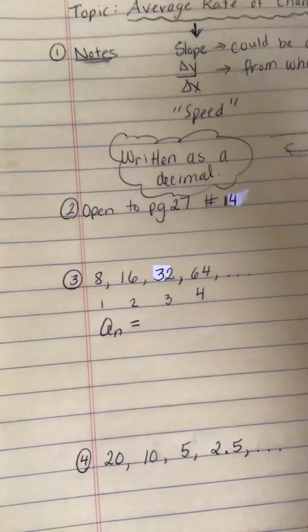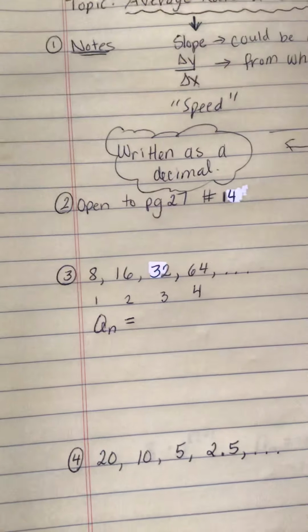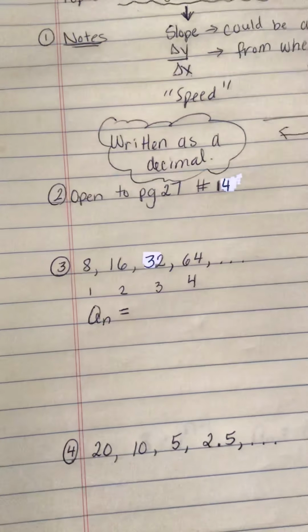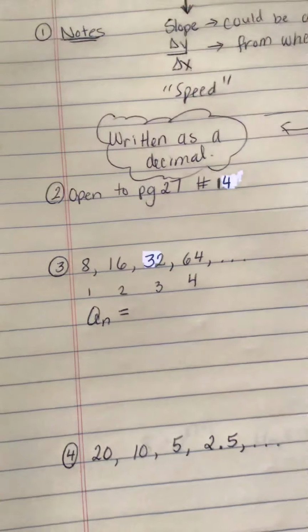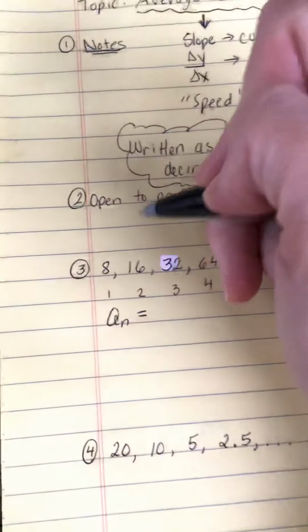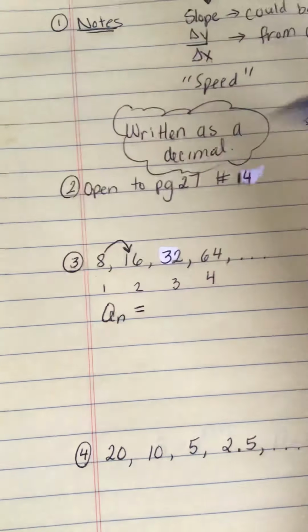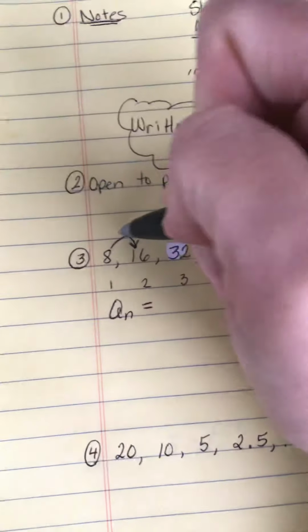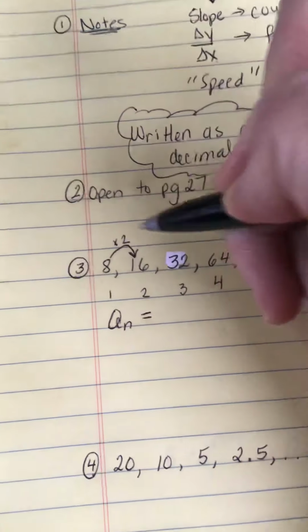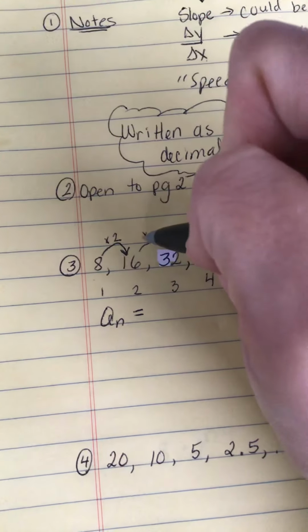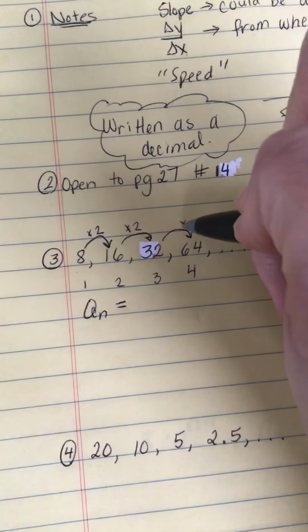Okay, so what we want to do first is find the common ratio. Remember, it's always multiplication. You could be multiplying by a whole number, a decimal fraction, doesn't matter, but it's always multiplication. What are you multiplying by to get from here to here? Has to be multiplication. This is times 2. And the pattern will continue, times 2, times 2.